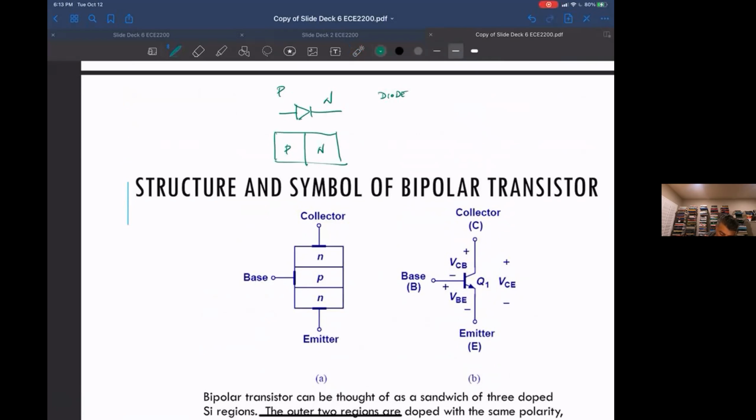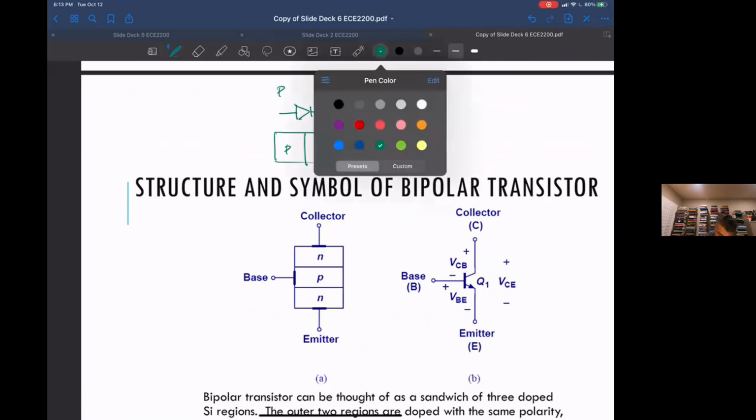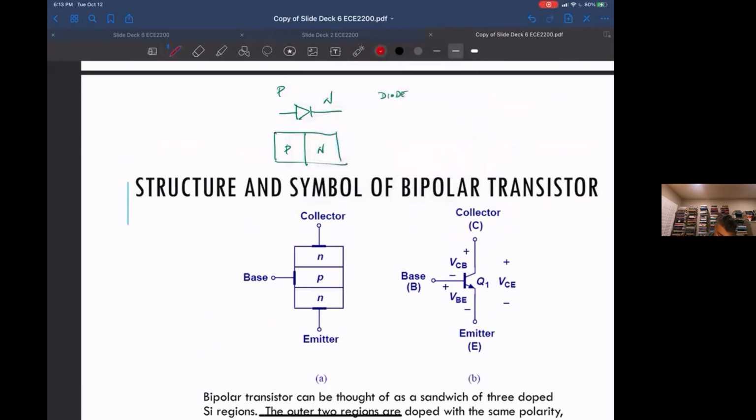The bipolar transistor basically puts another N on the other side of the P, so you end up with an NPN. It almost looks like having two diodes back to back. This would be the P, so you'd have NPN. NPN is what the device would look like.